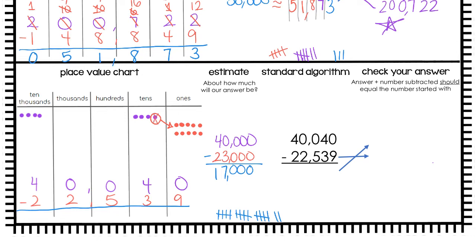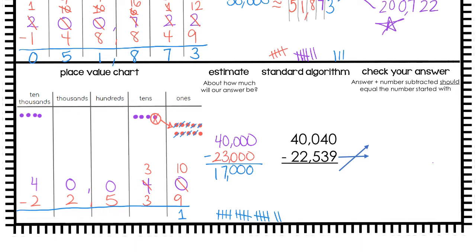So instead of having 4 tens, I now have 3 tens. And instead of having 0 ones, I've regrouped, so I have 10 ones. 10 minus 9, well, we can cross out 9 now from 10. 1, 2, 3, 4, 5, 6, 7, 8, 9, and we're left with 1.